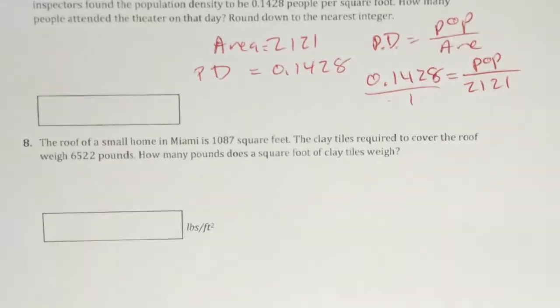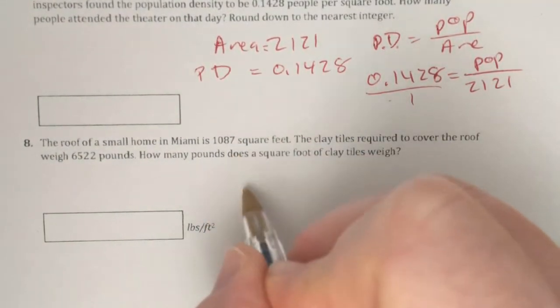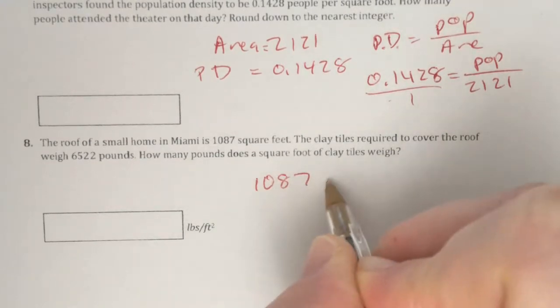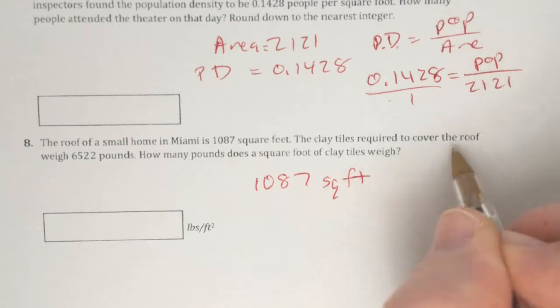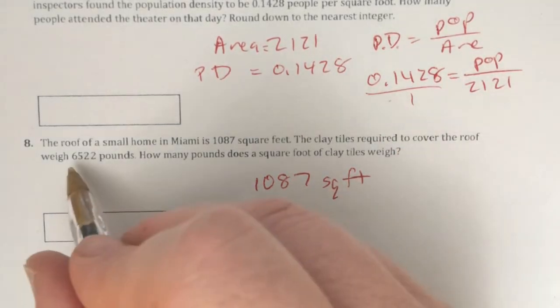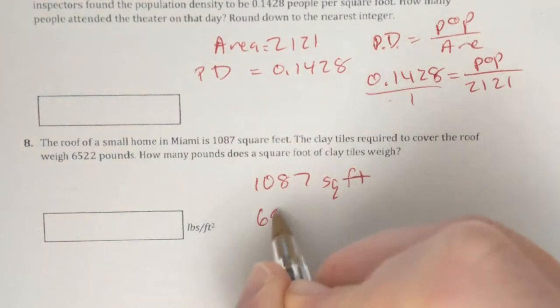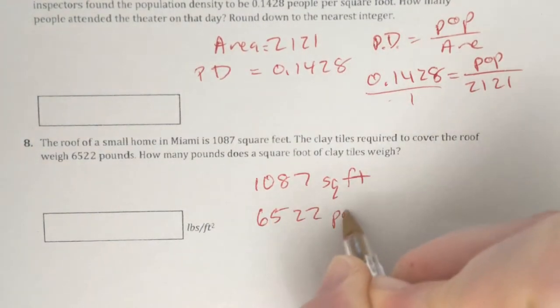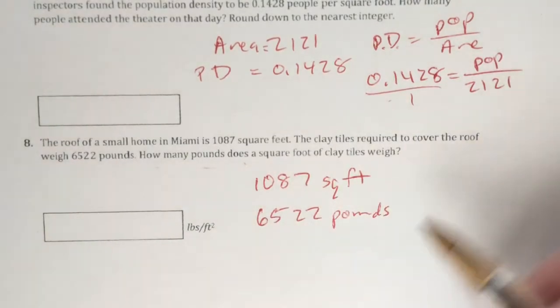Okay, and then this one. Okay, the roof of a small home in Miami is 1087 square feet. I have no idea what's going on. I'm just writing stuff down. Clay tiles require you to cover it with 6,522 pounds. So 6,522 pounds. How many pounds does a square foot of clay weigh?